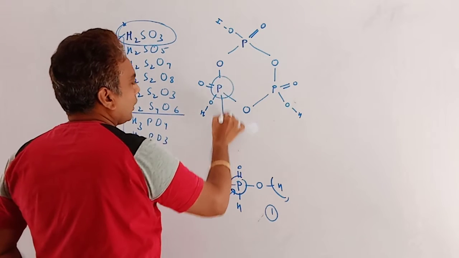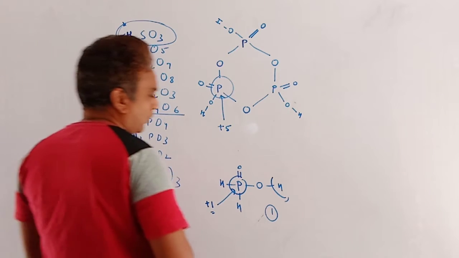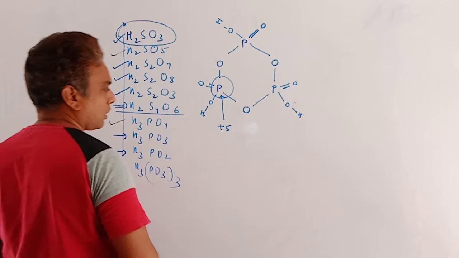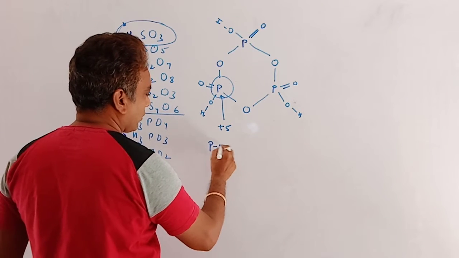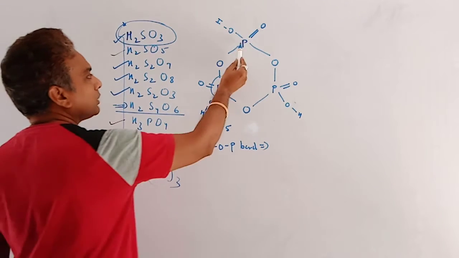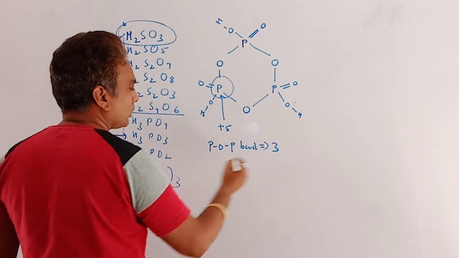So the oxidation state of each phosphorus is +5, and for this molecule, if someone asks the number of P-O-P bonds, how many are there? Here is P-O-P, P-O-P, P-O-P, only 3 P-O-P bonds.